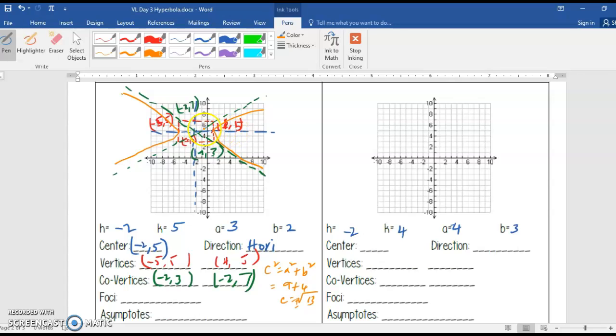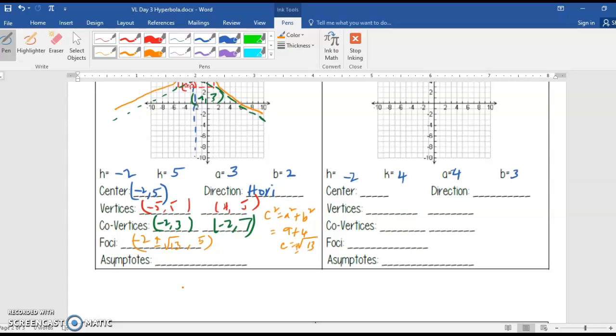So that would be negative 2 plus or minus square root of 13, comma 5. The x coordinate will change. Okay, and then the equation of the asymptotes, y equals plus or minus 2 over 3 times x plus 2, plus 5, because of h and k. Okay, so this is it.